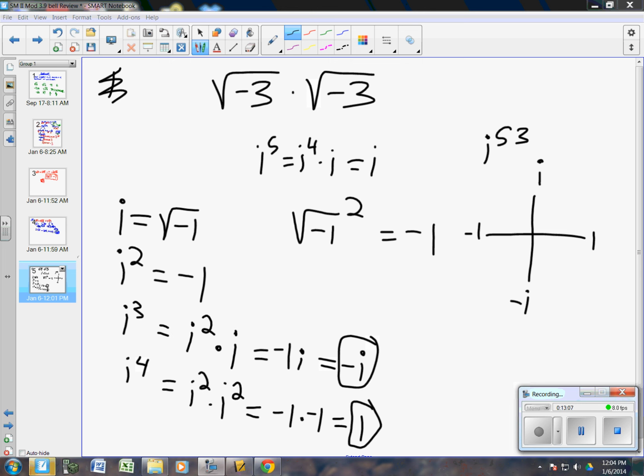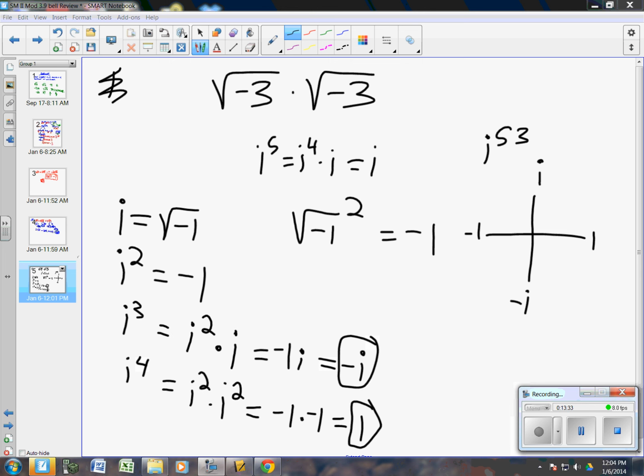I to the 8th, the same thing as I to the 4th. And we'd continue that. I to the 9th, 10th, 11th, 12th, 13th, 14th, 15th, 16th. So all multiples of 4, every time you land on 4, 8, 12, 16, 20, 24, and so forth, you're going to get 1, right?